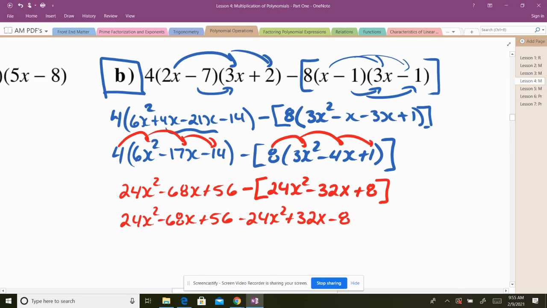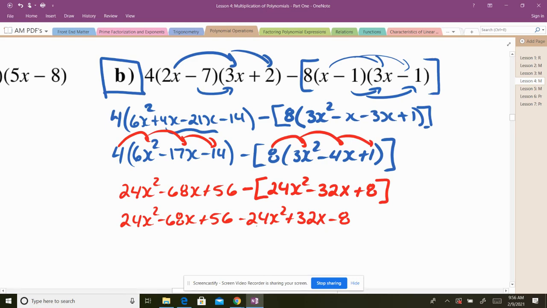Negative 1. What is my final step? Collect all your like terms, simplify it.